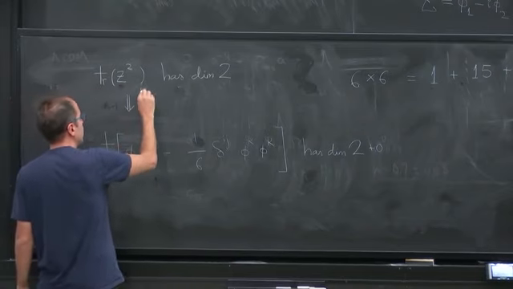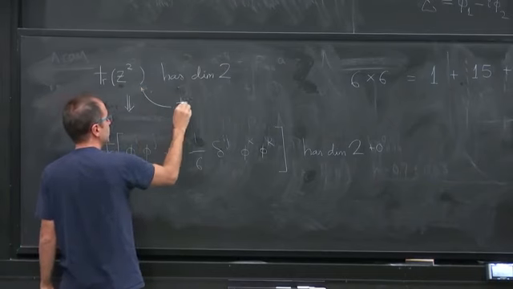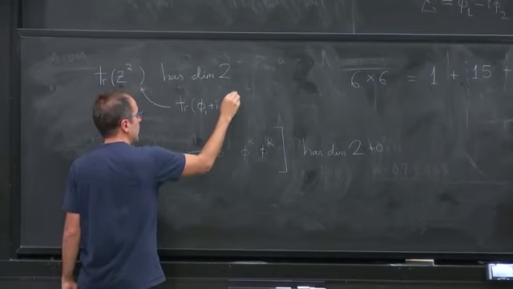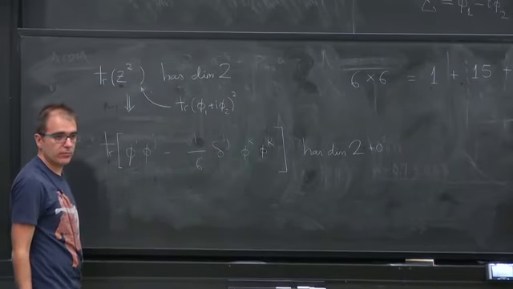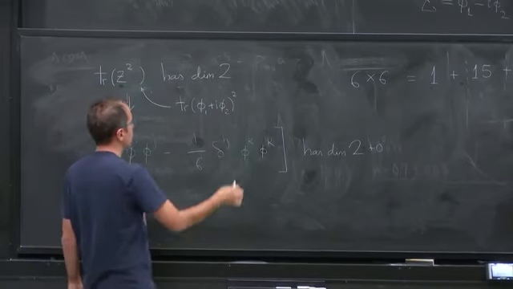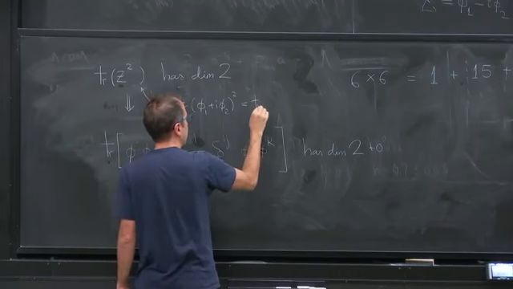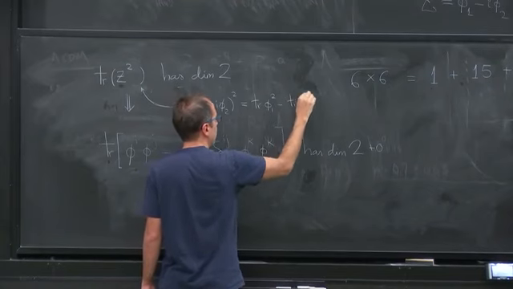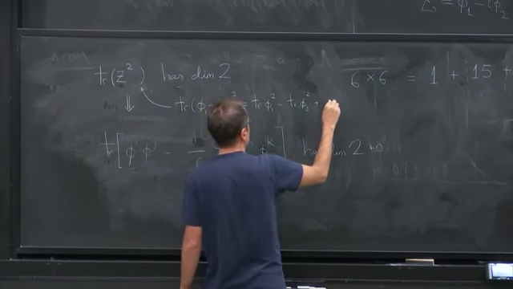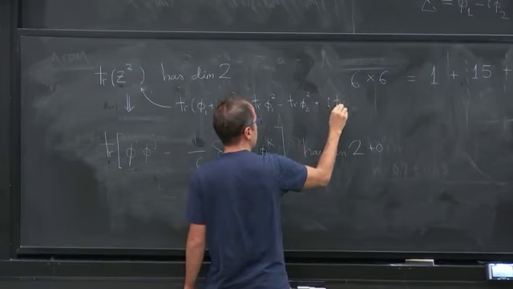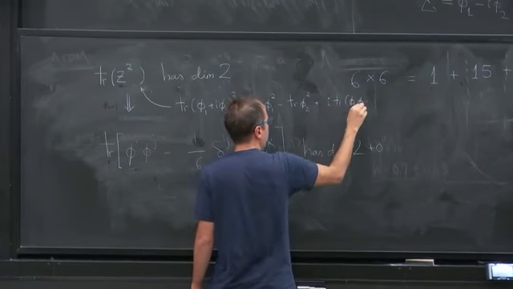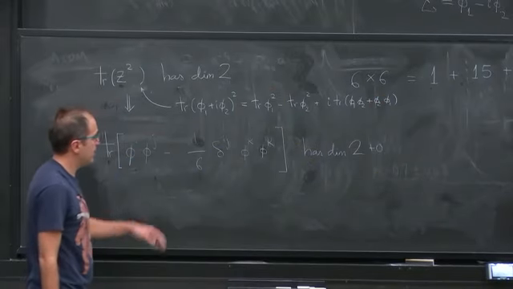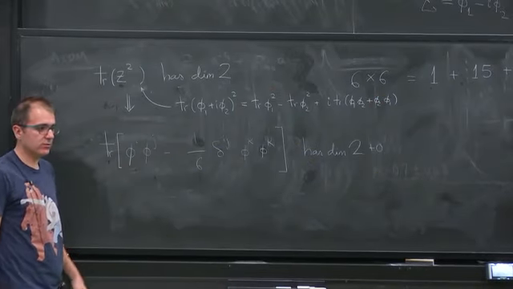Let's see it more explicitly. What's this guy? This guy is the trace of (φ_1 + iφ_2) squared. Do you agree? This is the definition of Z. But this is nothing but trace of φ_1 squared minus trace of φ_2 squared plus i times trace of (φ_1 φ_2 + φ_2 φ_1). The last two are the same term.